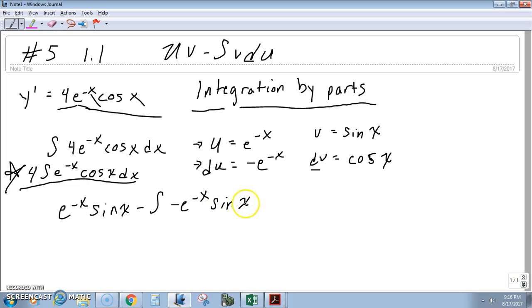And then I know at this point that I'm going to need to do it one more time because again I have something where I need to integrate by parts. So this time, actually I'm going to stop right here because here's where I'm wondering if I should bring this negative out, and that's where I'm going wrong with my negative here.